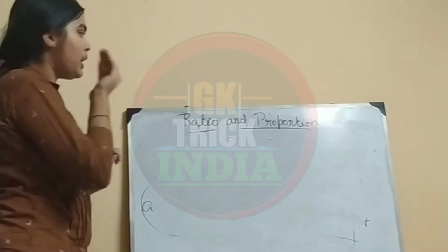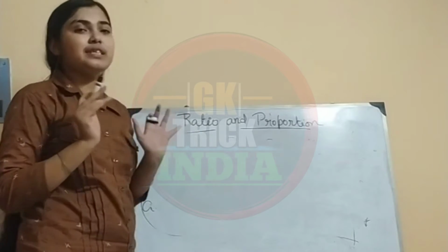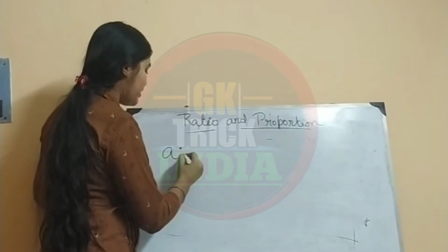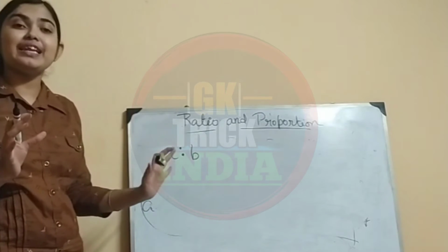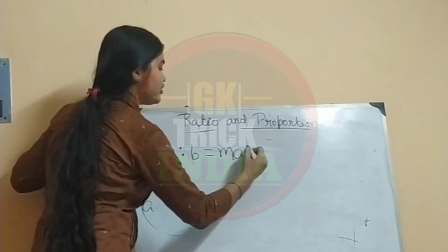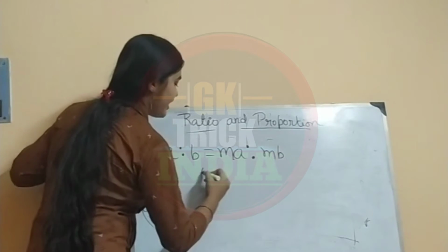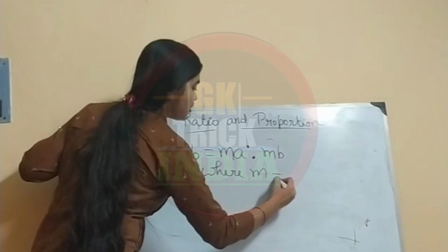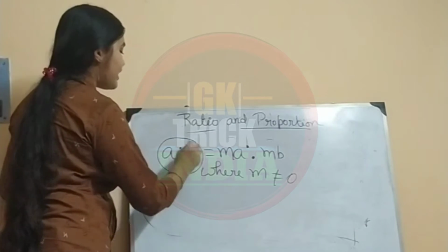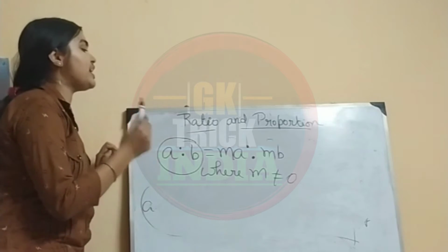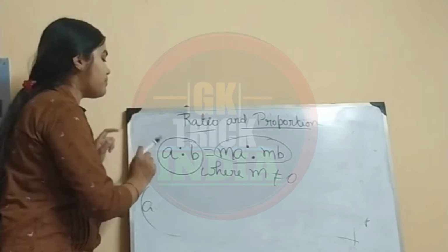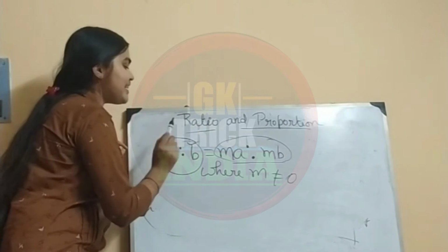Okay. Now another thing about ratio, the comparison of ratios, which we must remember: a ratio A is to B can be equivalent to all the ratios in the form MA is to MB, where M is not equal to 0. What that means is that A is to B is equivalent to all the ratios obtained by multiplying a non-zero number to both the antecedent and consequent.